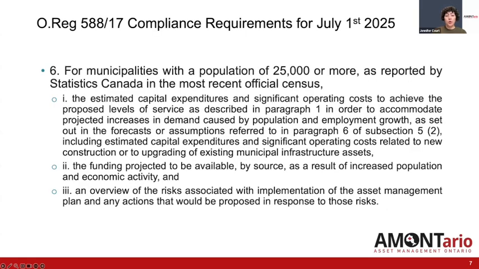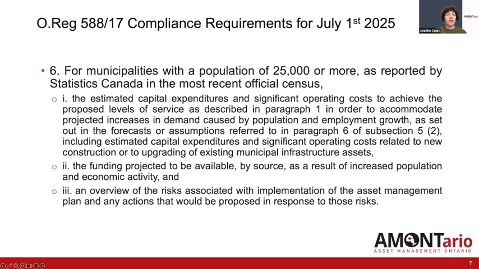So building on that, for 2025, we're looking again at those population and employment forecasts as they inform the required 10-year capital expenditures and operating costs. The changes are that you're considering the 10-year capital expenditures and operating costs as they relate to achieving your proposed levels of service for core and non-core assets, including estimated capital expenditures and significant operating costs related to new construction or to upgrading of existing municipal infrastructure assets.